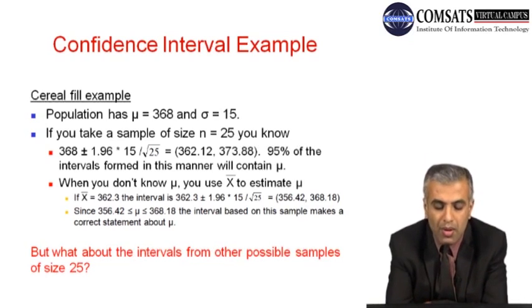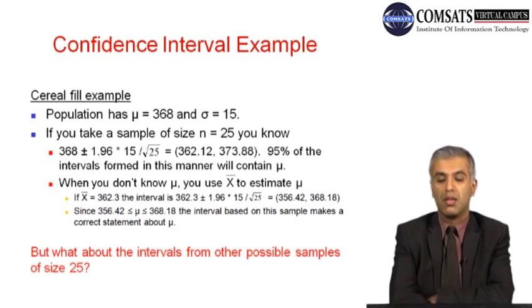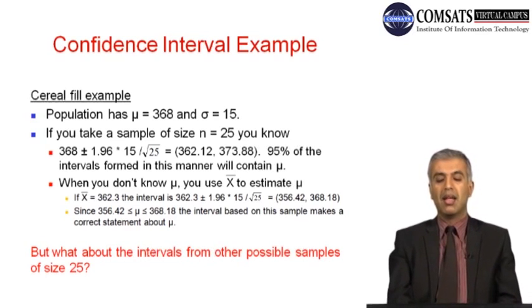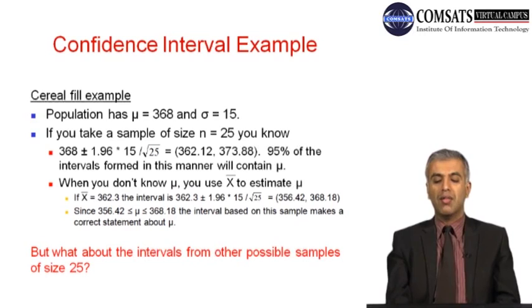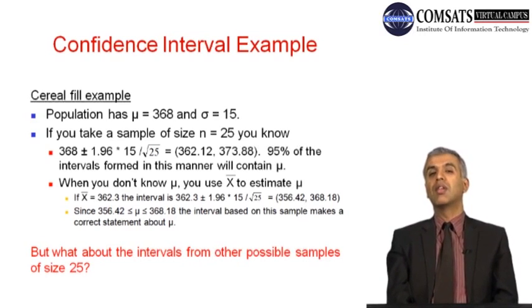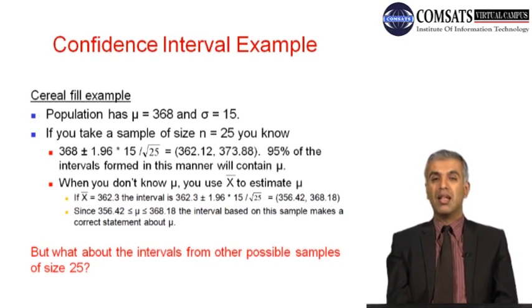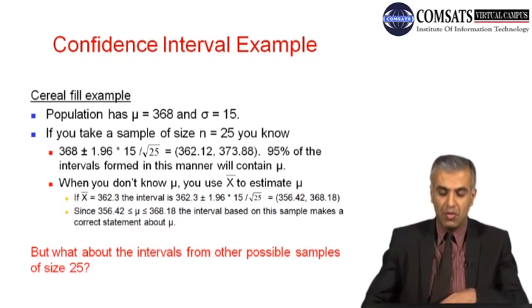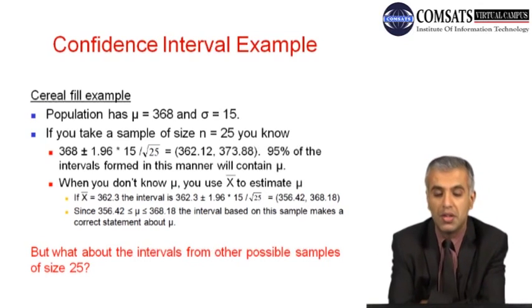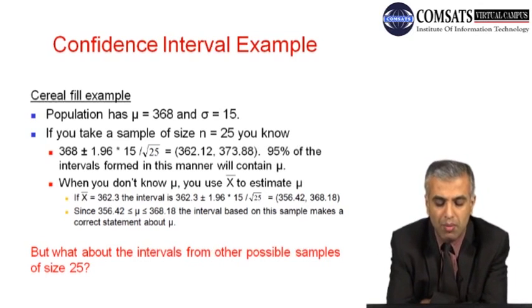While going through the calculation, we can easily see that the interval is 362.3 plus or minus 1.96 times the rest of the values. So we have two end values, and there is quite a possibility that the mean lies within them, no matter how many samples we draw from the main population.